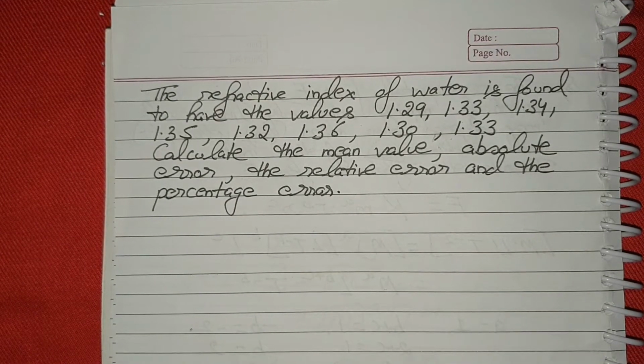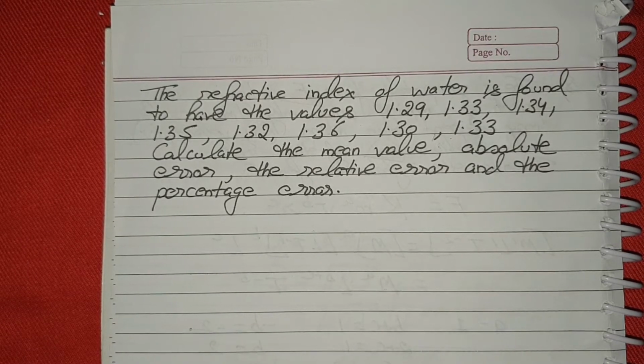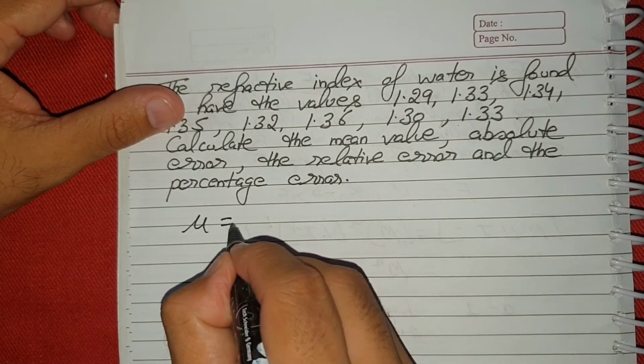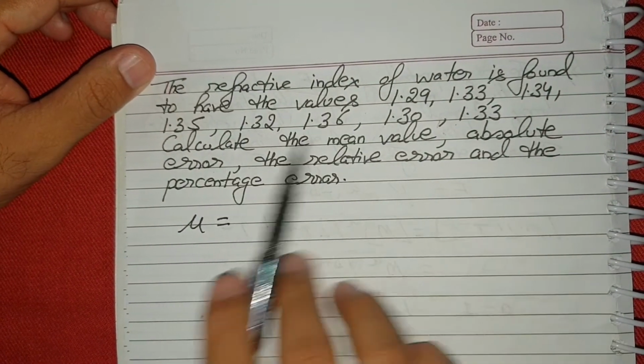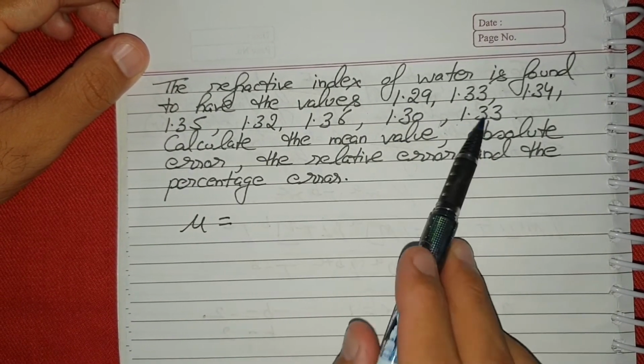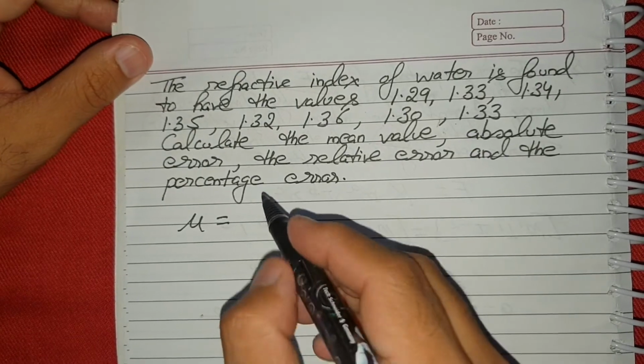So first of all, we know the mean of all the refractive indices will be, let it be, refractive index, as we can represent it by the letter mu. So the mean will be, you add all of them and divide by 8, since there are 8 values.